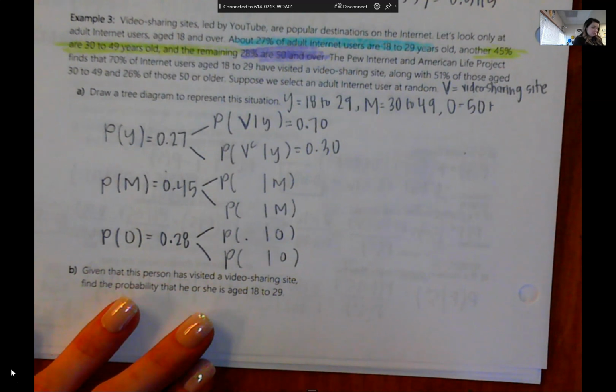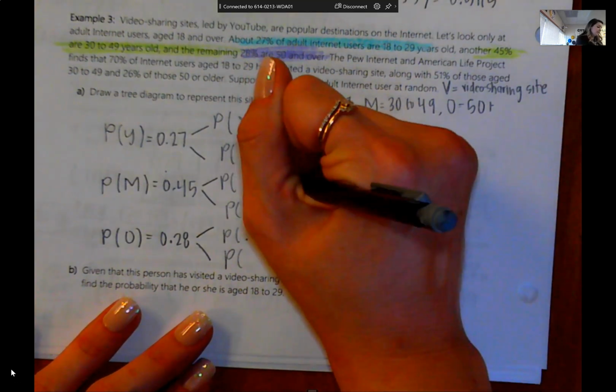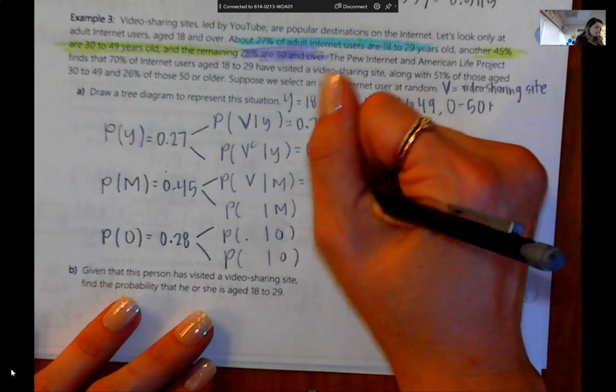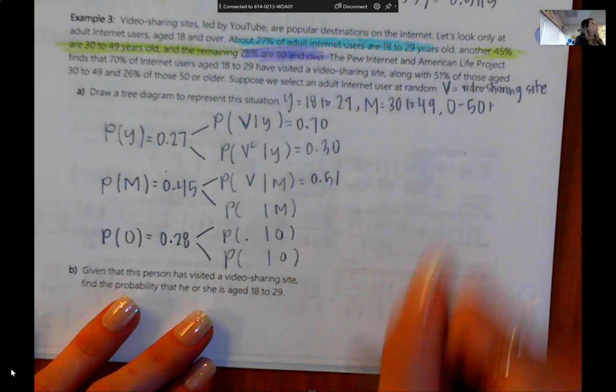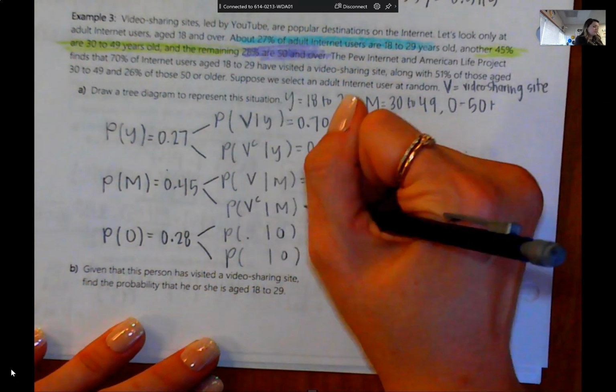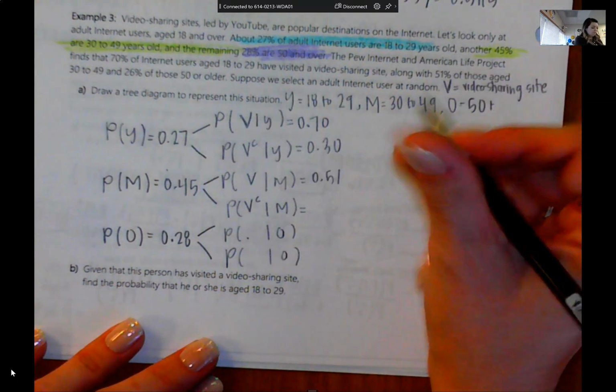Just kidding, 51% in the middle age goes to the sites. So V given middle-aged is 51, which means does not visit given middle-aged is 49.